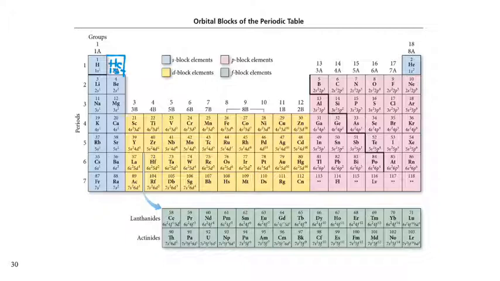The d sublevel has how many orbitals? 5. 5 orbitals can hold 10 electrons: 1, 2, 3, 4, 5, 6, 7, 8, 9, 10. This is the F block down here. I won't count to 14. 7 orbitals, 14 electrons. They're very short columns, but there are 14 columns there.